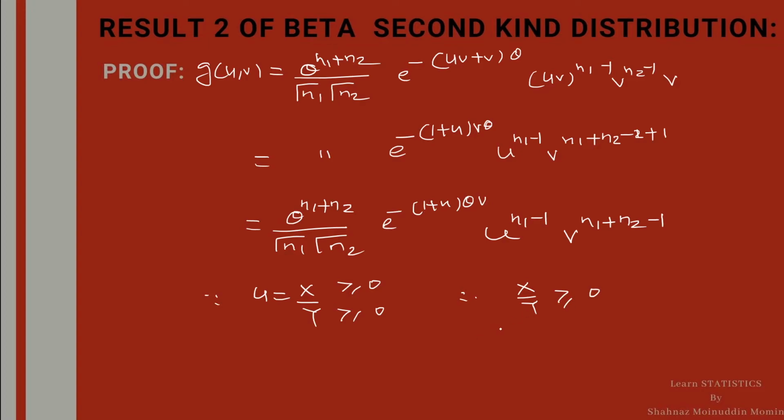Hence u must be greater than or equal to 0, and we know that v is equal to y, and y is positive, greater than or equal to 0. Therefore v is greater than or equal to 0. In this way u and v both are positive variates.